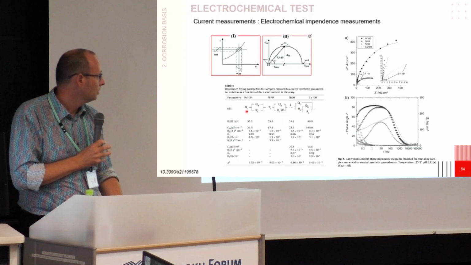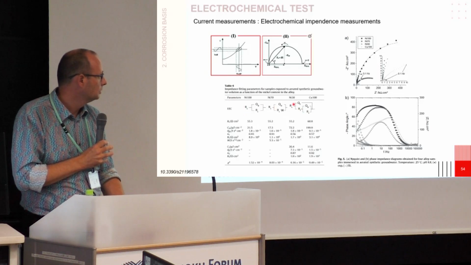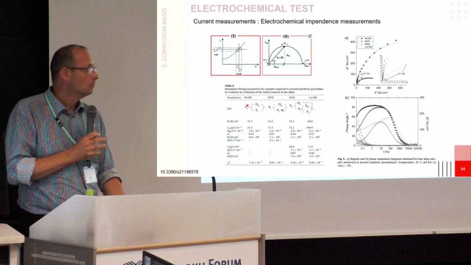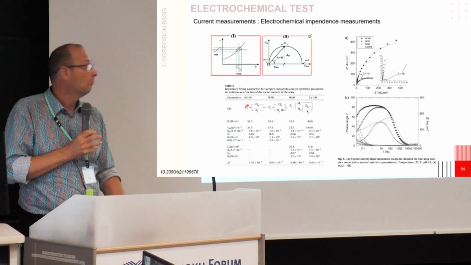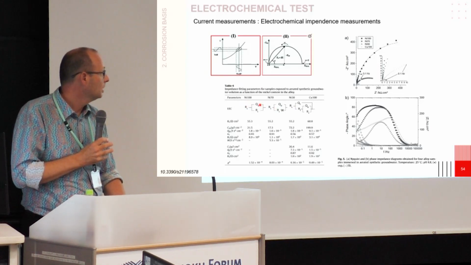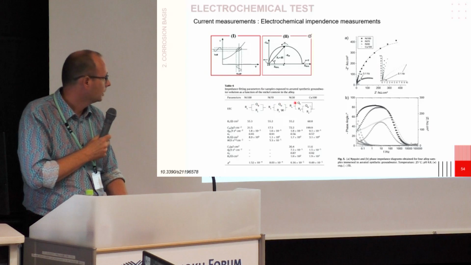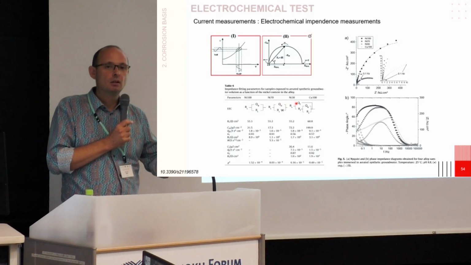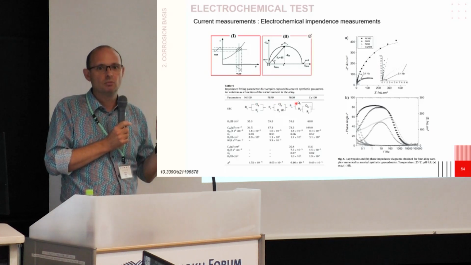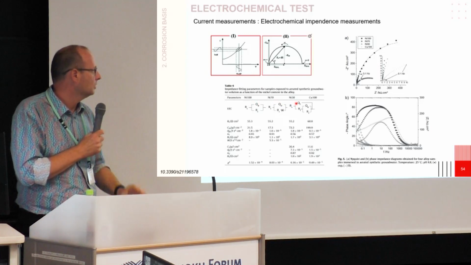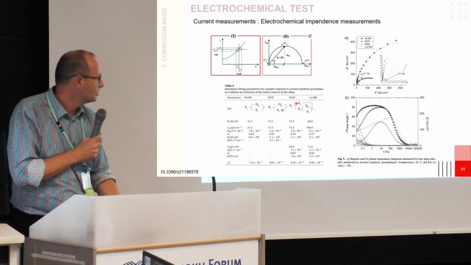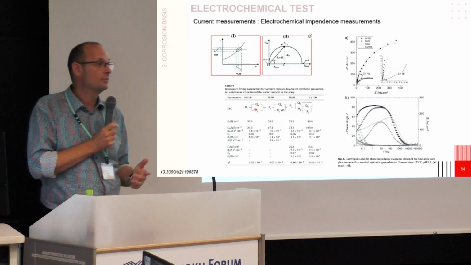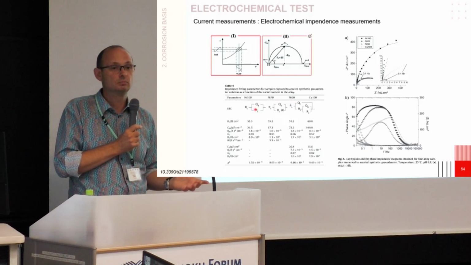The first element here, which is common for all, is the electrolyte resistance. The Q here is, roughly speaking, the oxide resistance, or the surface capacity, sorry. And here, this is the electron transfer resistance at the surface.